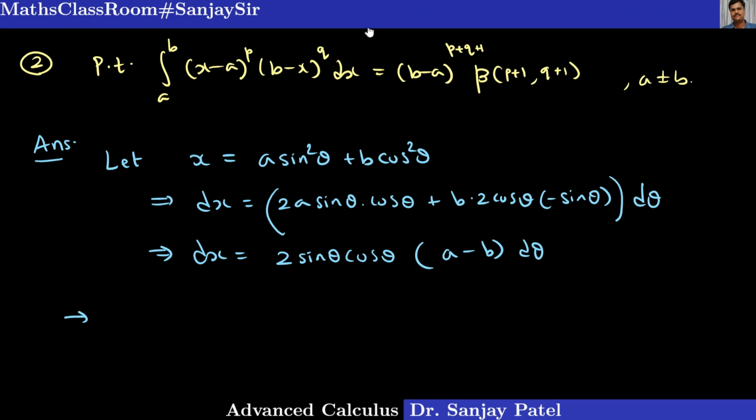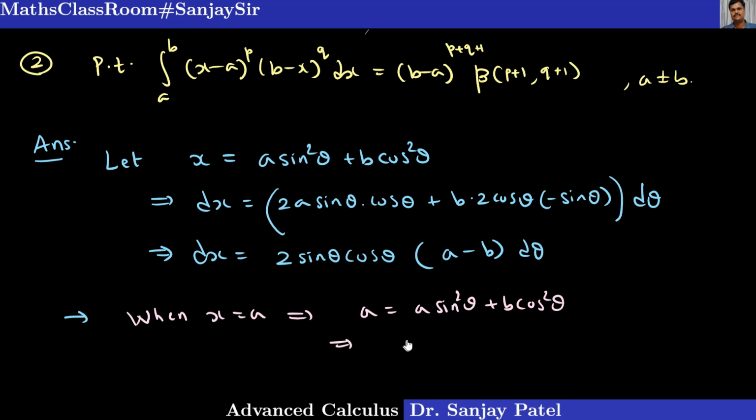So the new limits: for x equal to a, if I put x equal to a here, we get a is equal to a sine square theta plus b cos square theta.